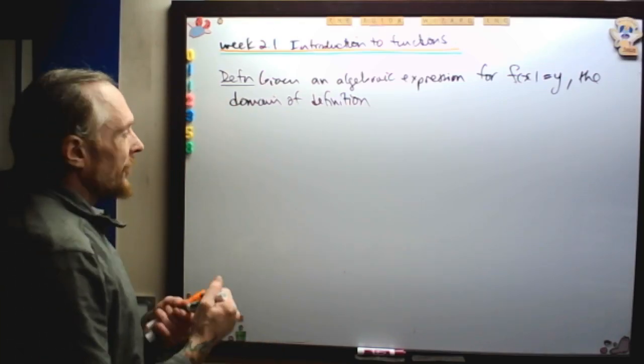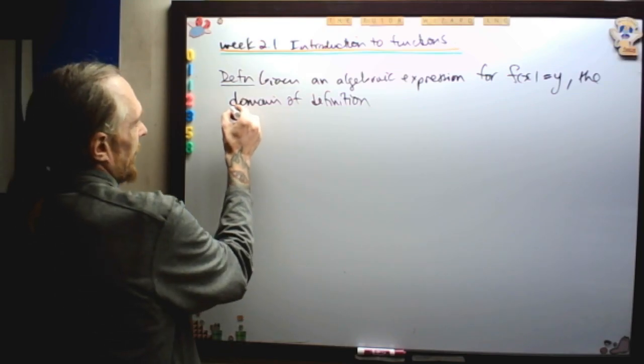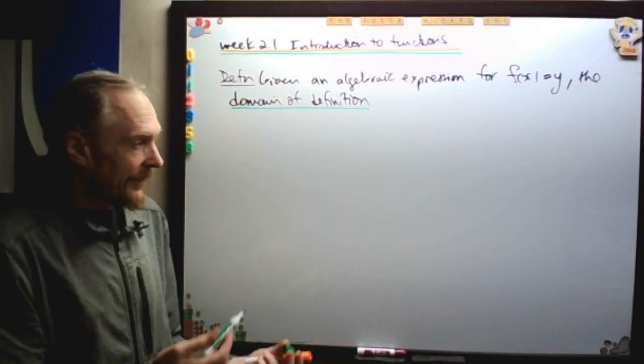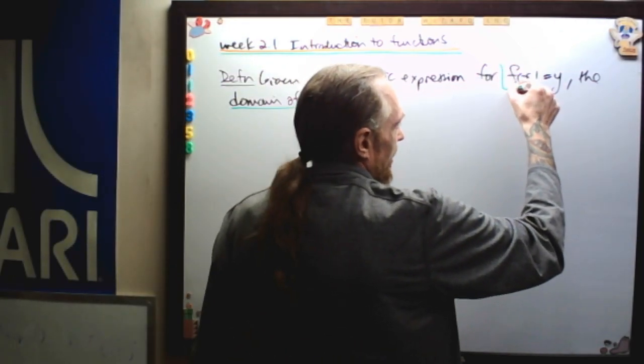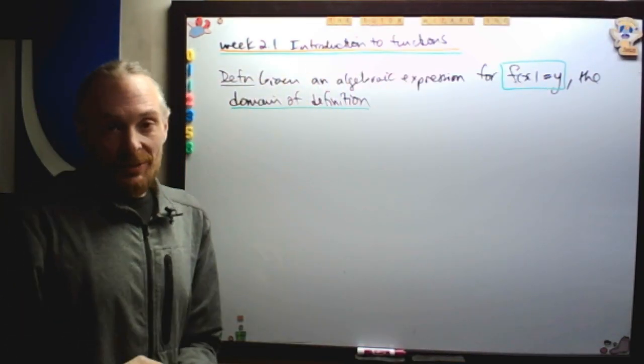So that's what you're going to call the domain. We can restrict the domain and define a function on different sets eventually for convenience, etc. But for now, when you're given an algebraic expression, the domain of this thing is every point in the real numbers, which makes sense.